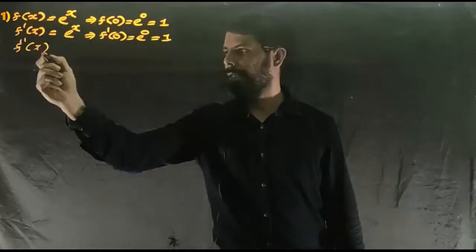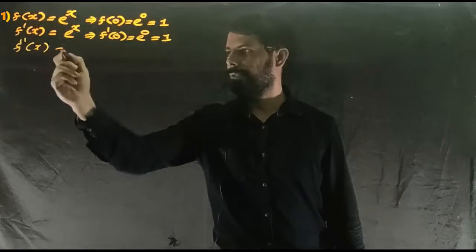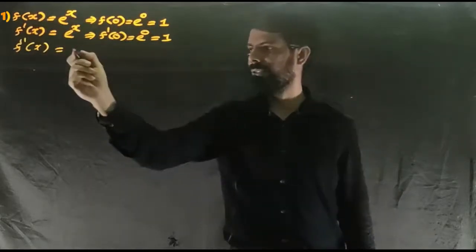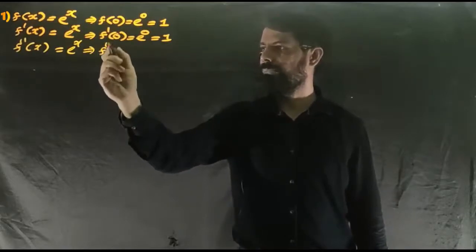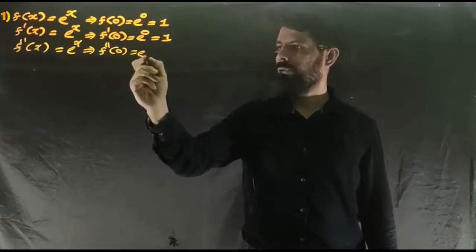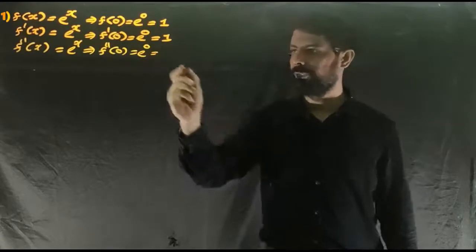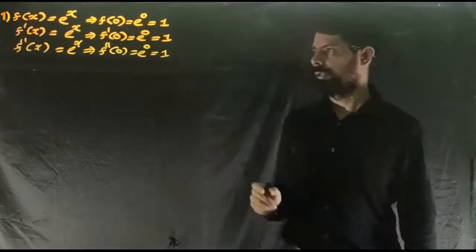Now again taking derivative f double dash x, derivative of e raised to x is again e raised to x, and replacing x by 0, it will be e raised to 0 and value is 1.